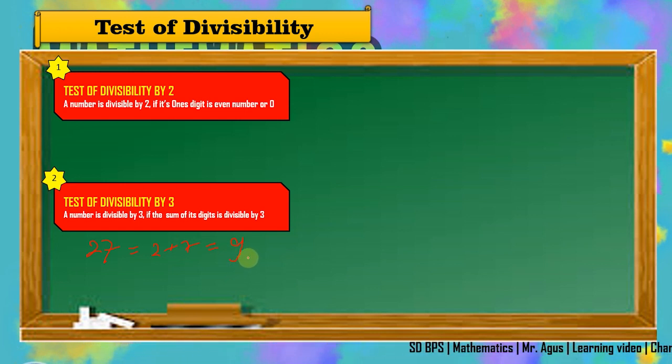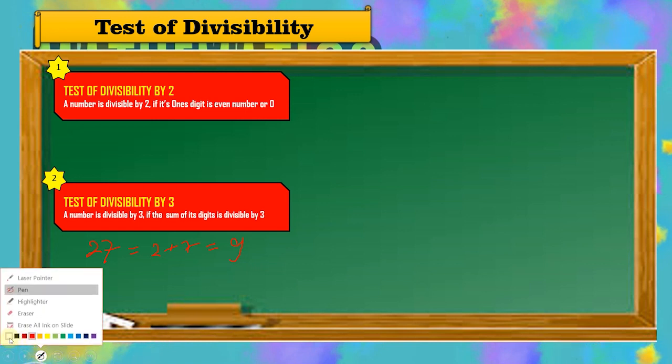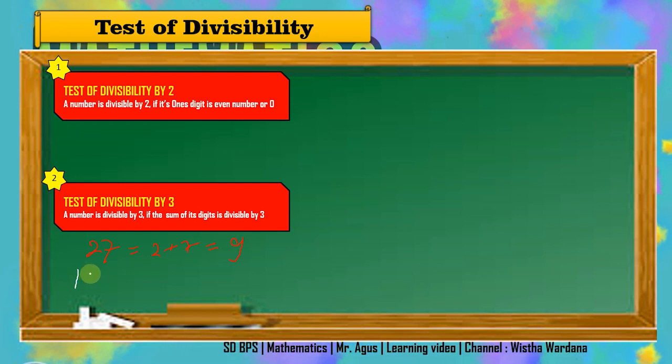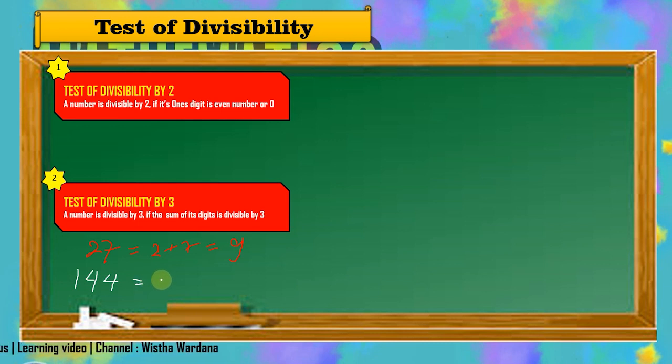It means 27 is divisible by 3. The other case, if you have a 3-digit number, for example 144. Is 144 divisible by 3?